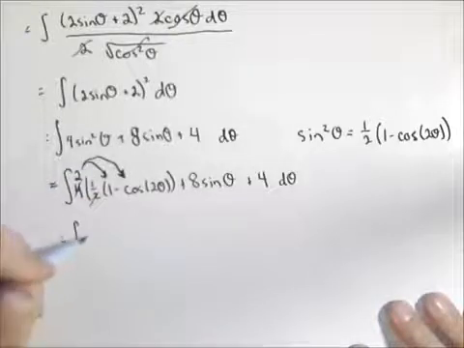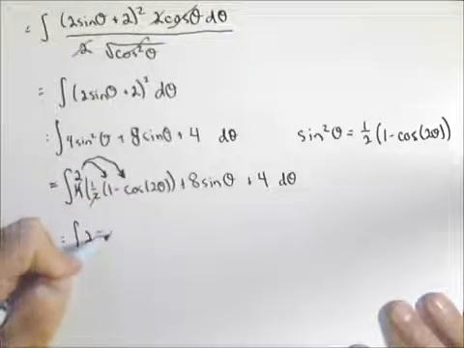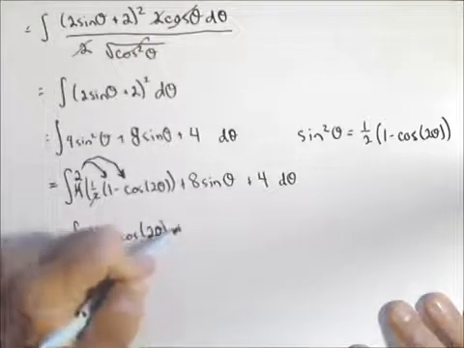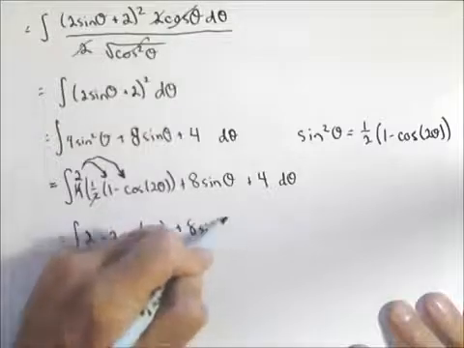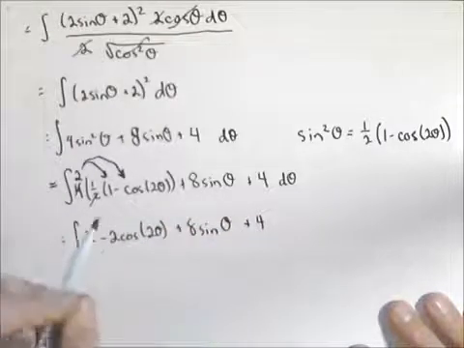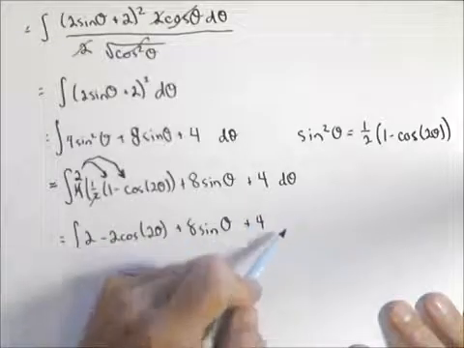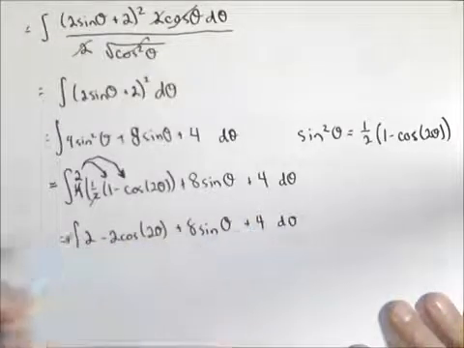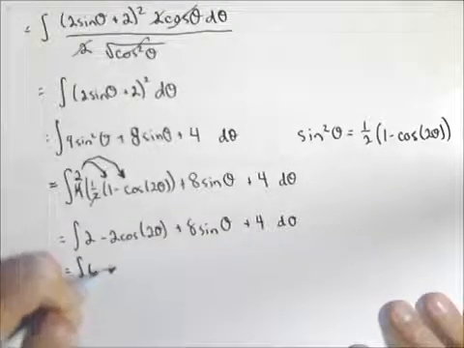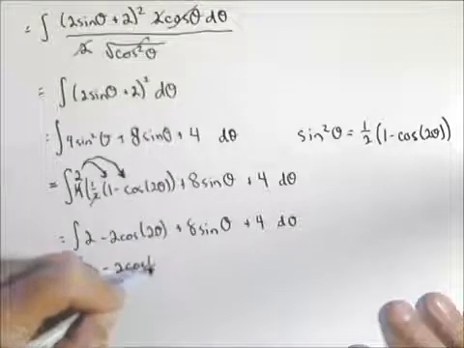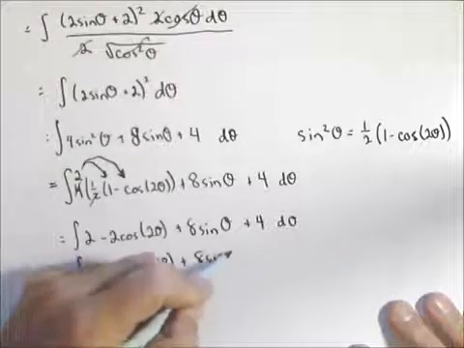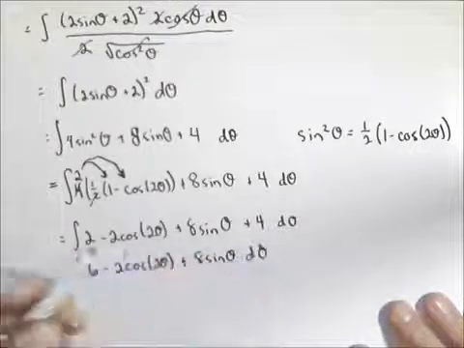So I'm going to have the integral of 2 minus 2 cosine of 2 theta plus 8 sine theta plus 4 d theta. The 4 and the 2 can get added together. Always do as much simplifying as you can before the antiderivative. You never know when things are going to cancel, and you might make things just a bit easier on yourself.